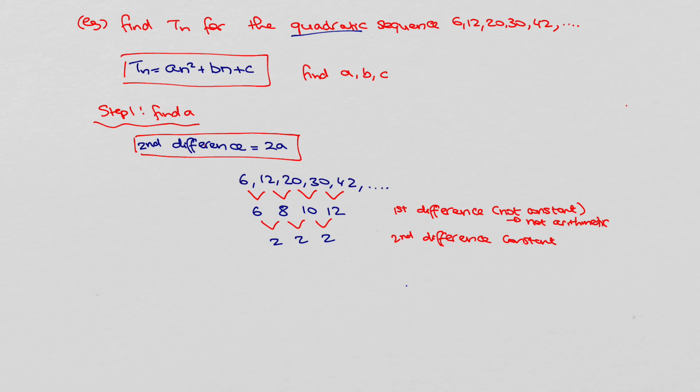So we say our second difference is 2a. So 2a is equal to 2, which means that a must equal 1. So now we know what a is.